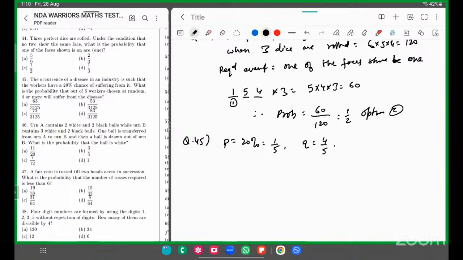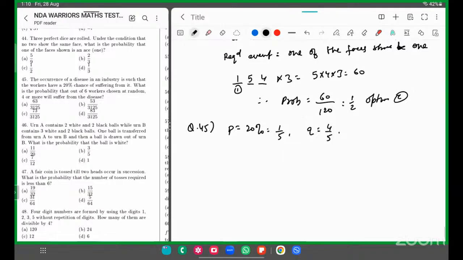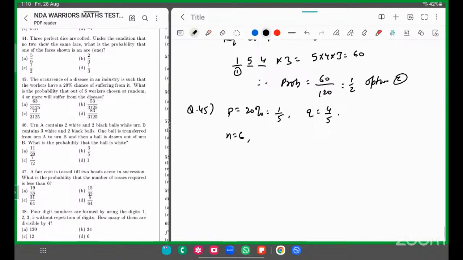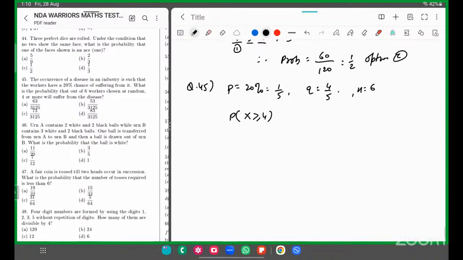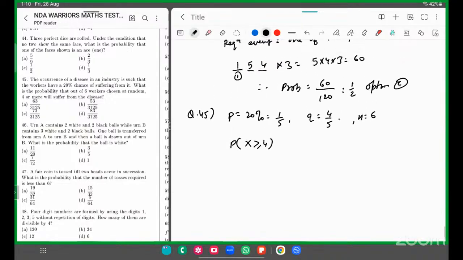Out of the 6 workers chosen at random, n equal to 6, 4 or more will suffer from the disease. That means we have to find x greater than or equal to 4. That is P of x equal to 4 plus P of x equal to 5 plus P of x equal to 6.